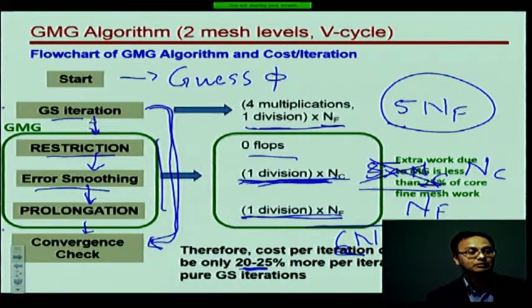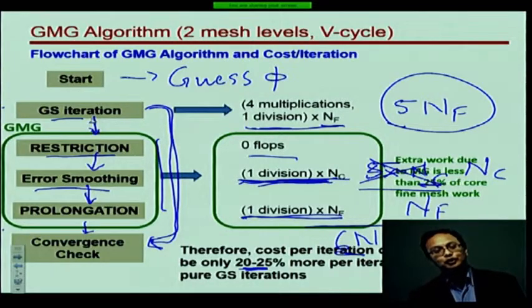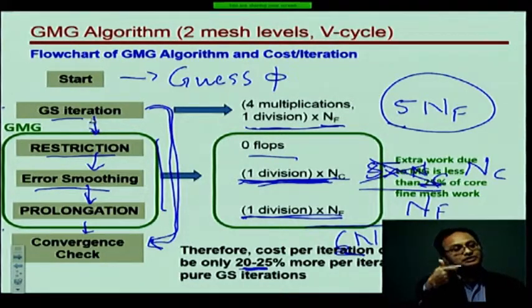So suppose you solve for phi on the fine mesh, and then you can use that as an initial guess for the coarse mesh. But once you get a new solution on the coarse mesh, what do you do with it? All you can add to the fine mesh is a correction. The coarse mesh solution doesn't mean anything. You have to add back an error or a correction to the fine mesh solution.